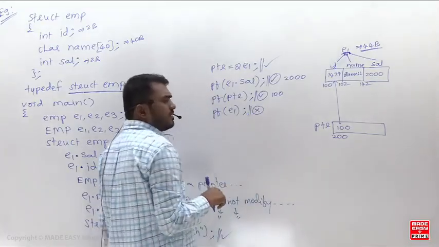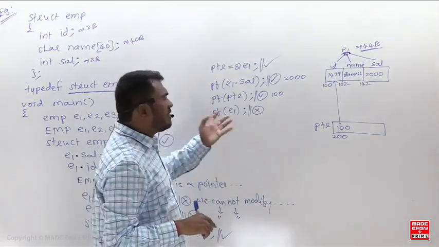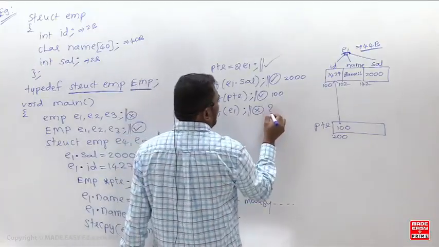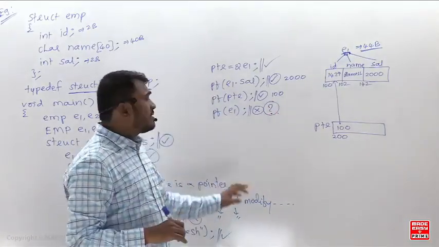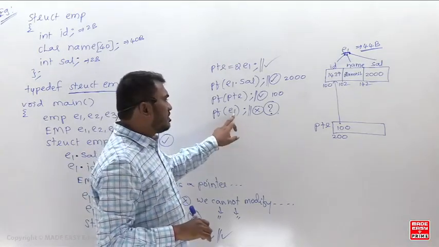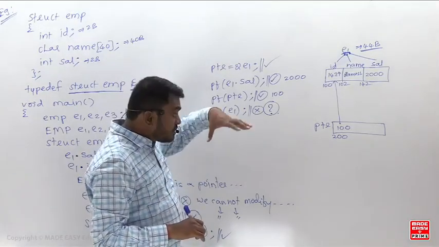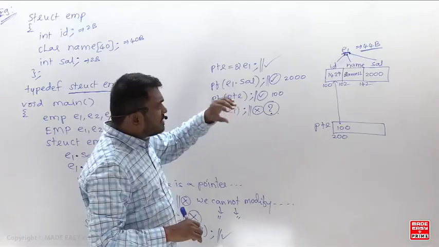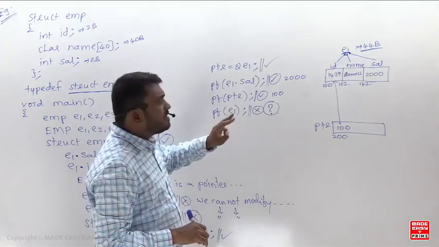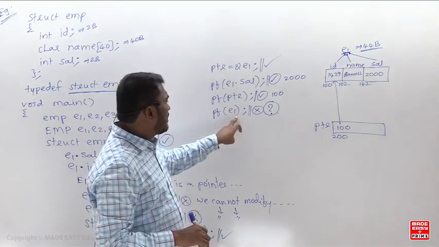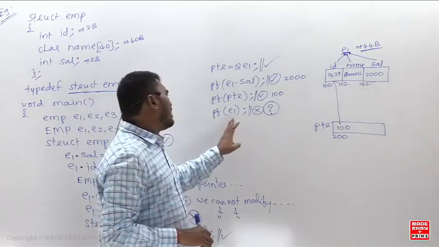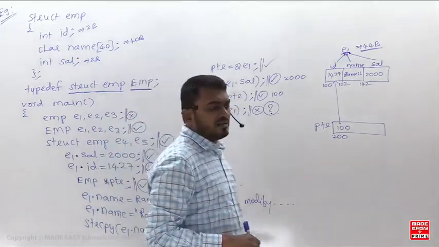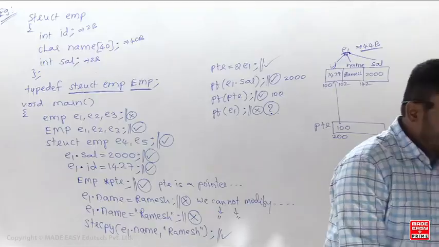That is a different case, don't worry about that. You should have clarity on which one you want to access. Without clarity, it will give the error. So that is not allowed.